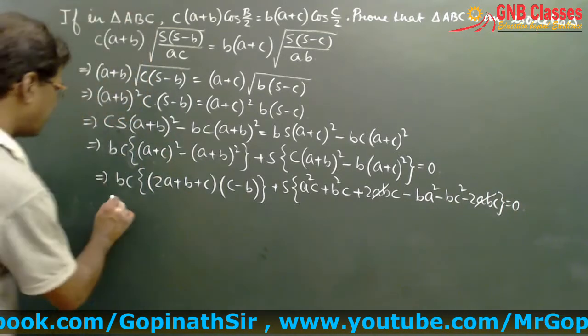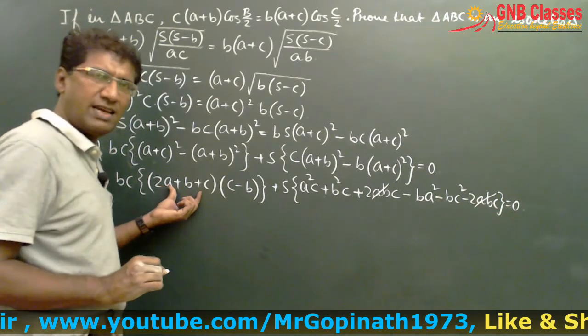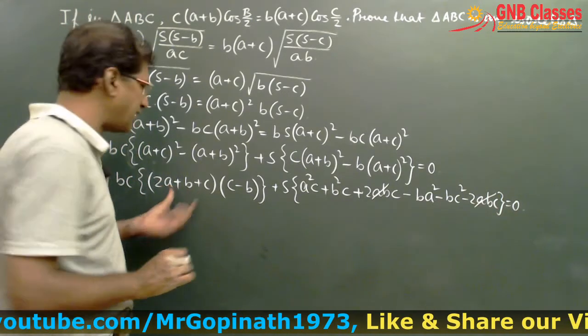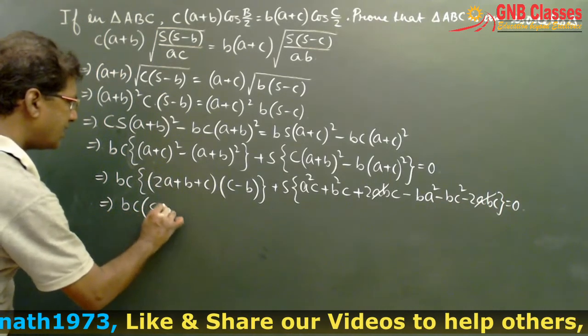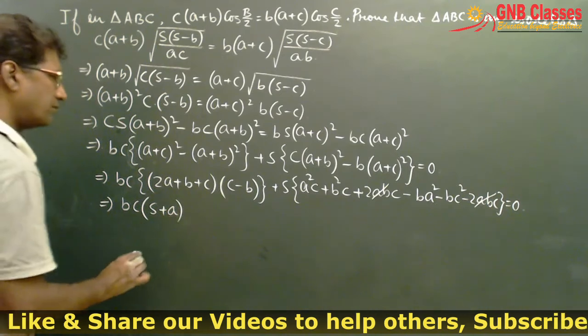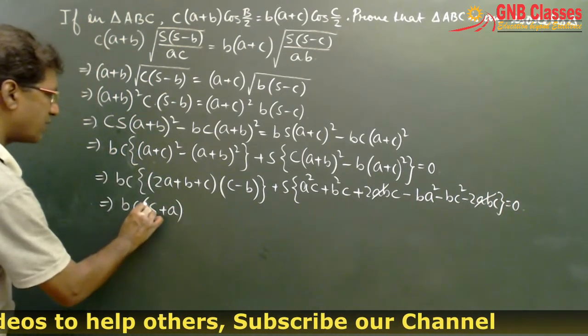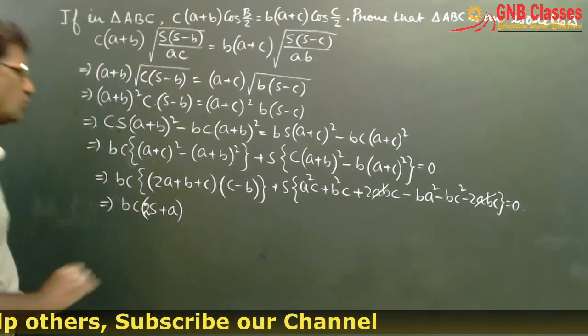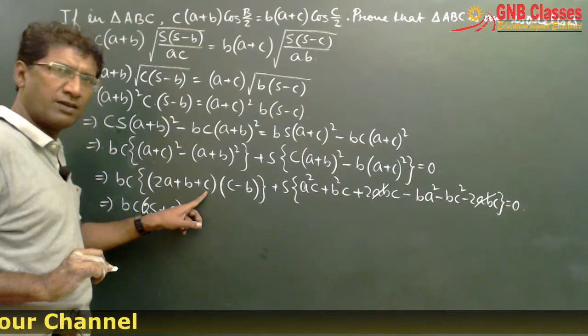Tell me fast. In this case, a plus b plus c is basically 2s. S is the semi-perimeter. So in this case, we are having s plus a into 2s plus a, because a plus b plus c can be replaced by 2s.